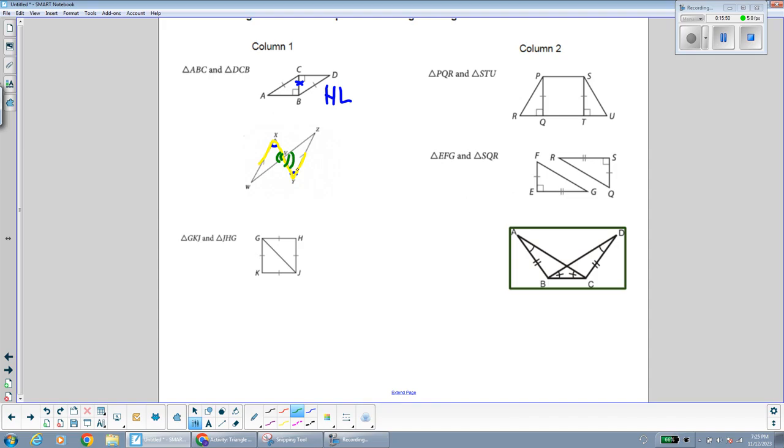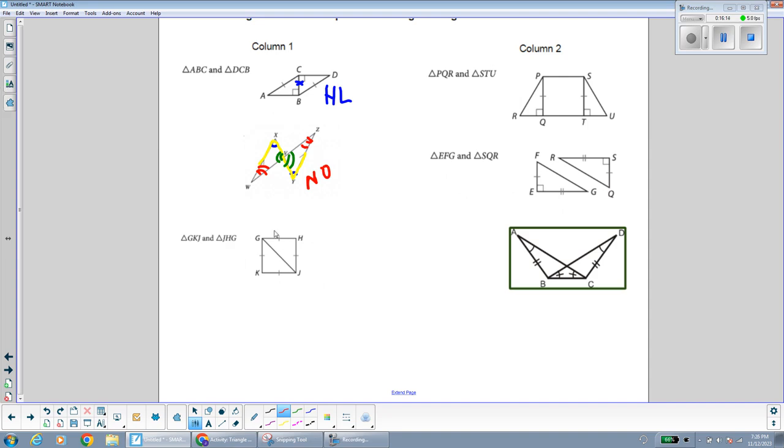And we have vertical angles, which are always congruent. And the only other thing we have is another pair of alternate interior angles. We don't have these sides. AAA is not a valid method of proving triangles congruent. So no, the triangles are not congruent here because we don't have a side. All of the methods include a side.